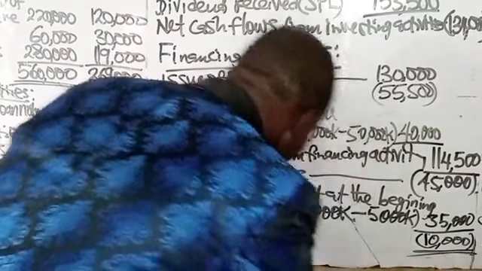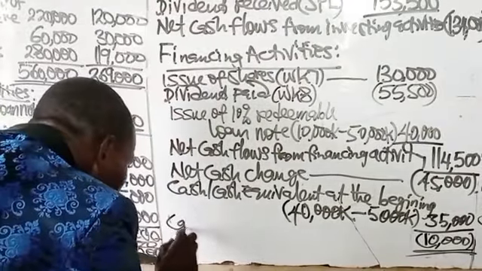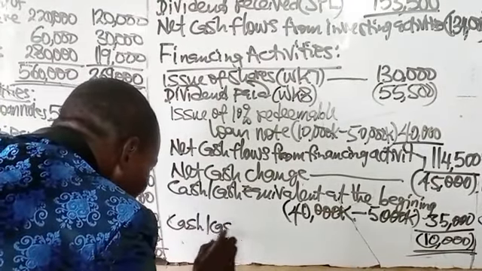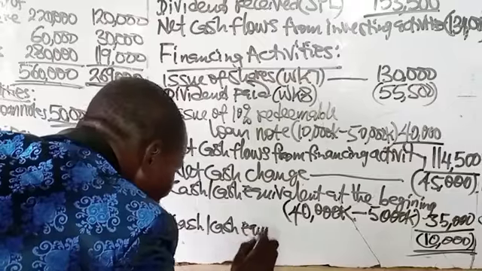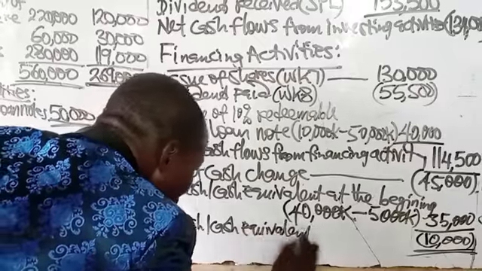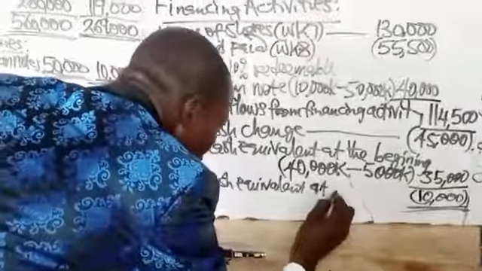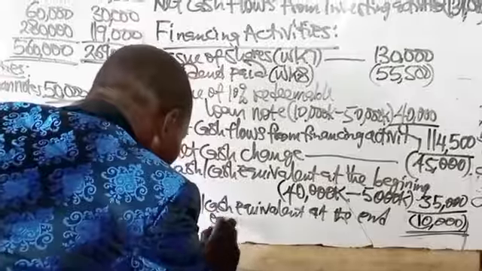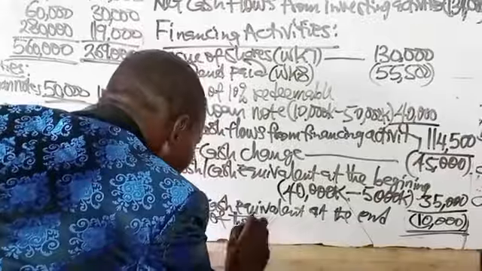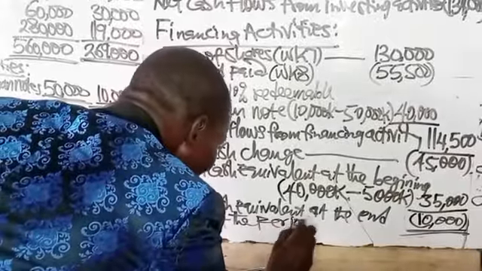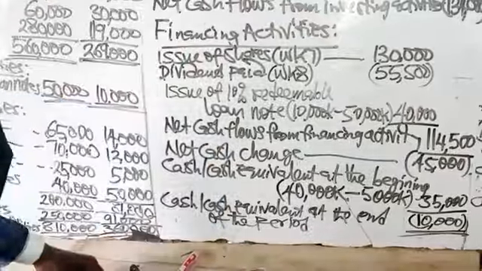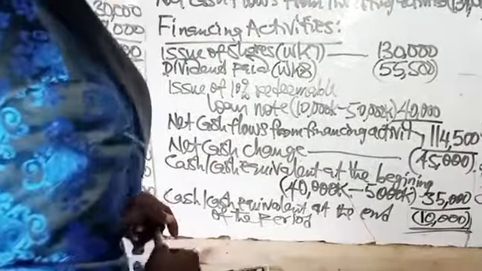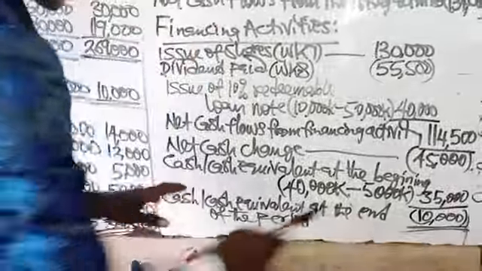This is cash or cash equivalent at the end of the period. Then we want to analyze the component, or what constitutes this 10 million.